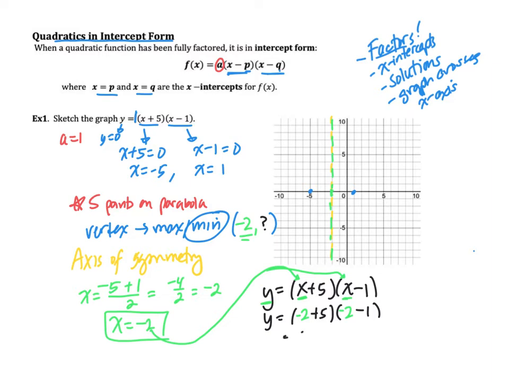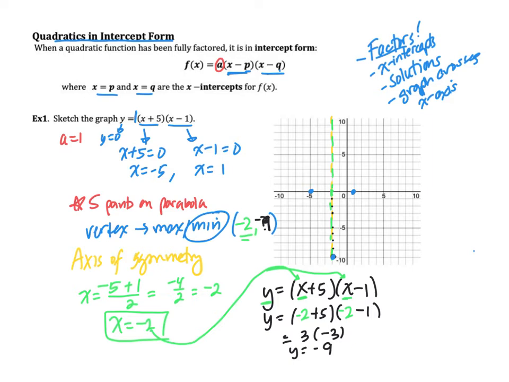So what do I get? I get 3 times negative 3. So the y-coordinate of my vertex is negative 9. So I'm going to go down 1, 2, 3, 4, 5, 6, 7, 8, 9. Sorry for counting. And then there is another point on this parabola.